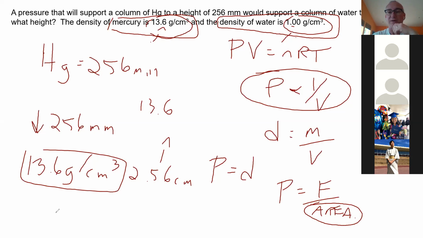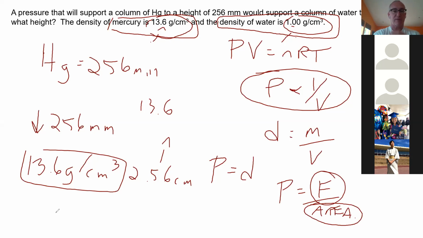So in order to balance that out, do we need more water or less water? More water? A lot more, right? Because this force is the same, and that force is the same. It's the same atmospheric pressure. Since mercury pushes down 13.6 times more than water does, you need a whole lot more water to equal that amount of force.